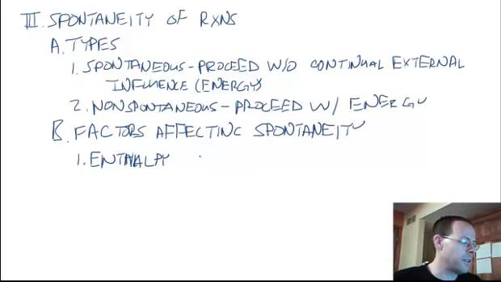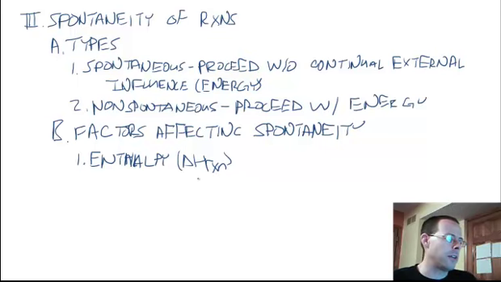So enthalpy, it's delta H, or delta H of reaction. Alright, we've seen several ways to calculate delta H of reaction. Calorimetry is how we can measure it directly. If we have heats of formation, we can do it that way, or bond enthalpies.